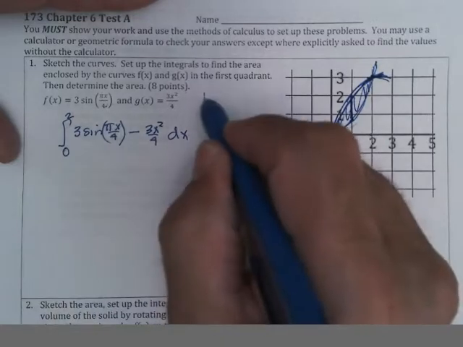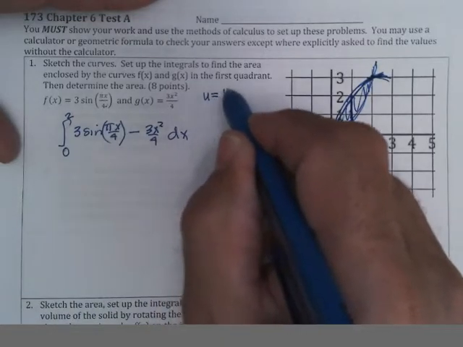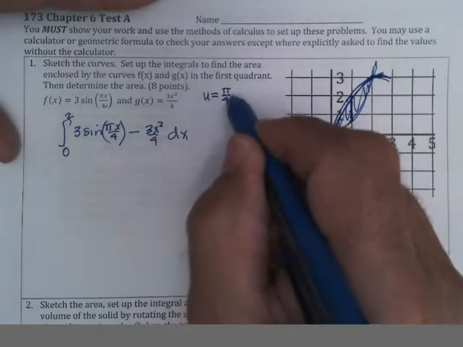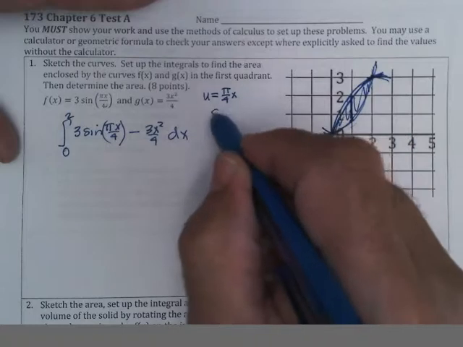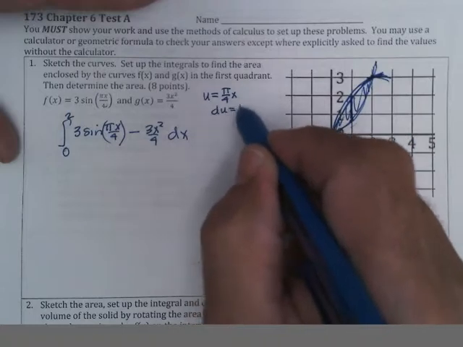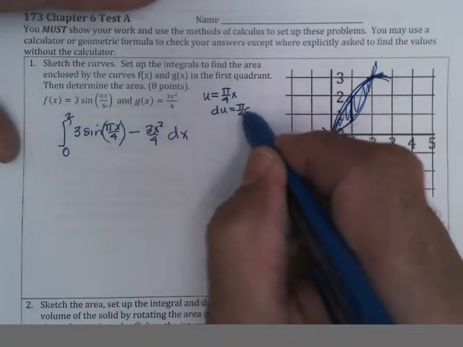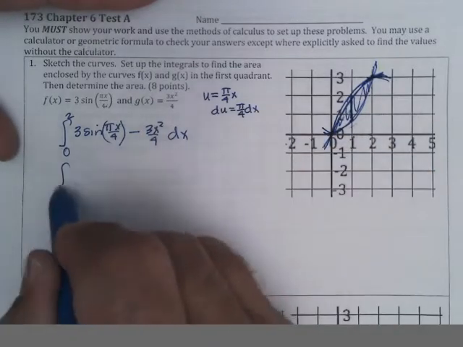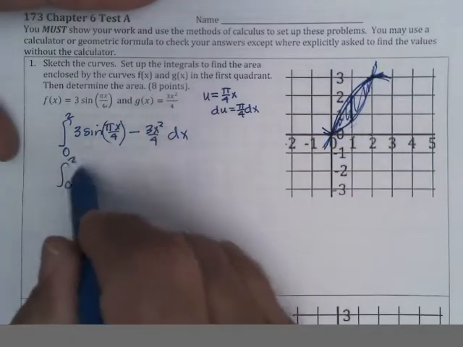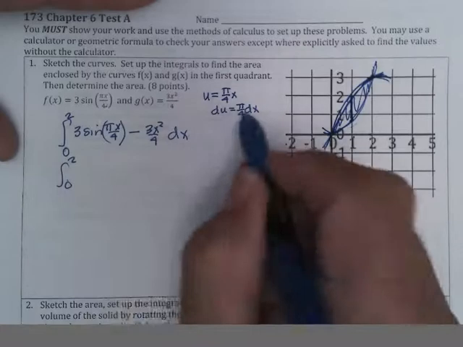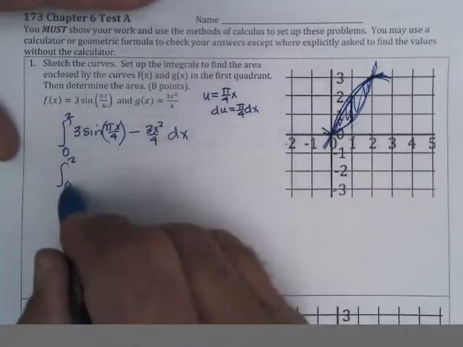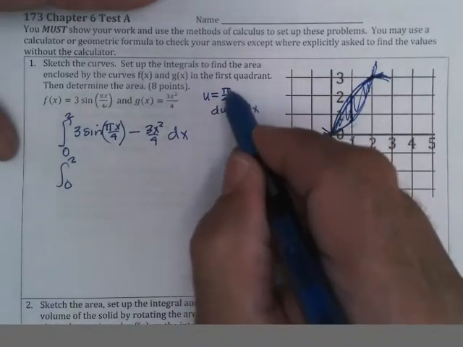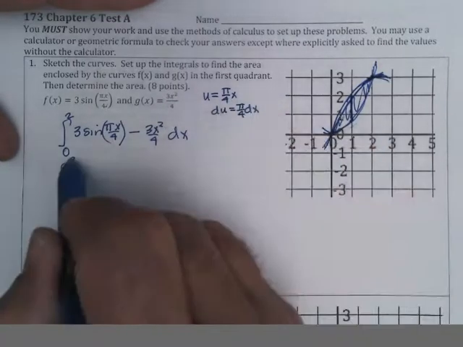If I let u equal pi over 4 x, du would equal pi over 4 dx. And so I'd have the integral from 0 to 2 of, oh, actually, if I'm switching to u, it would be 0 to pi over 2.